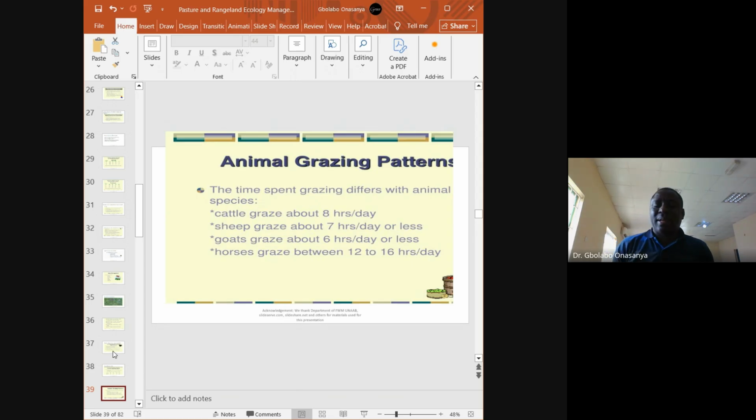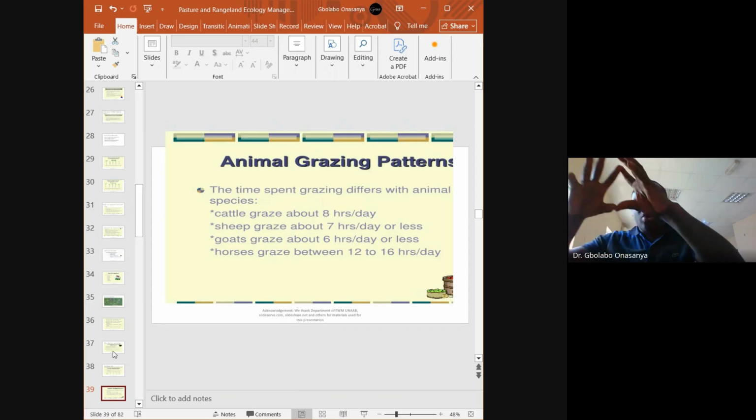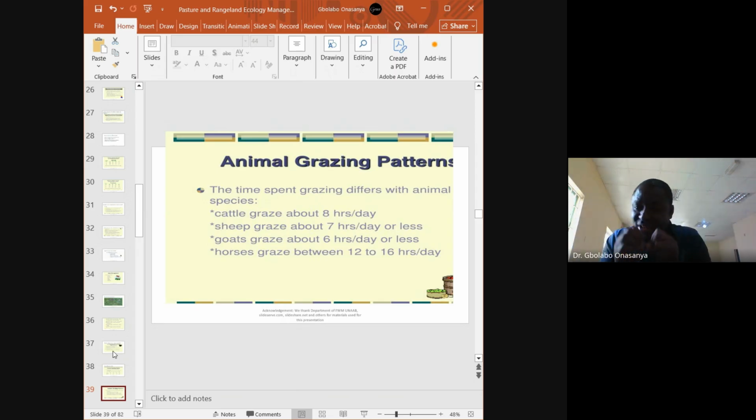Goats graze about 6 hours per day, and horse graze about 12 hours per day, because horse is a grazer. Horse is like a bulldozer. When horse begins to graze, it bulldozes, and it takes time to graze. So it's grazing about 12 to 16 hours per day. So the grazing habit informs grazing pattern, and will ultimately inform the grazing system to adopt.